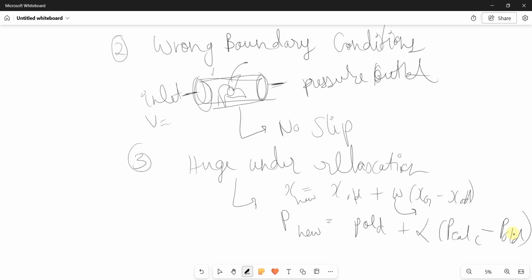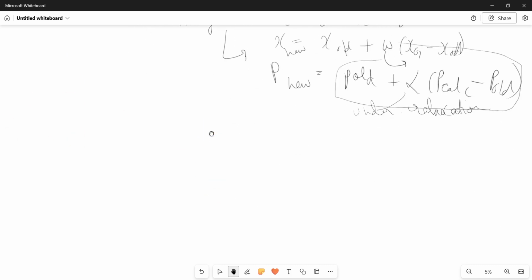So you have the old value and the calculated value, and you put this with alpha, your under relaxation term. If your under relaxation is too huge, then you get a very distorted value of p. So that's why you always tend to keep less over relaxation.